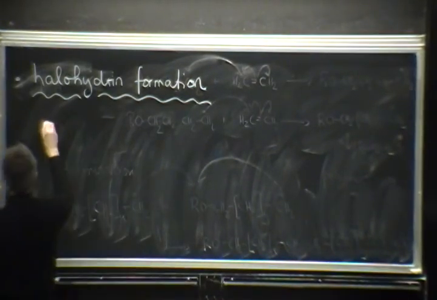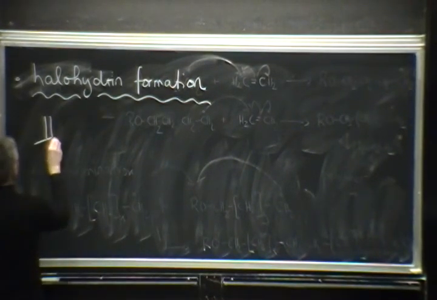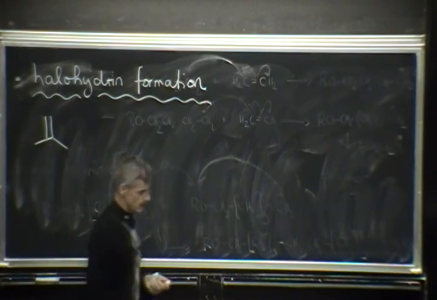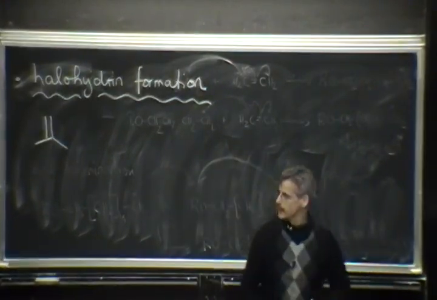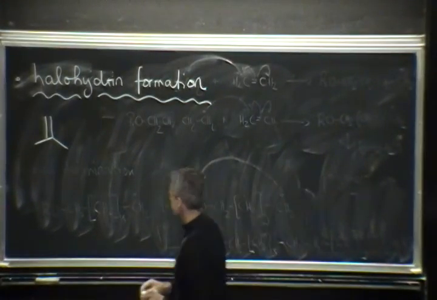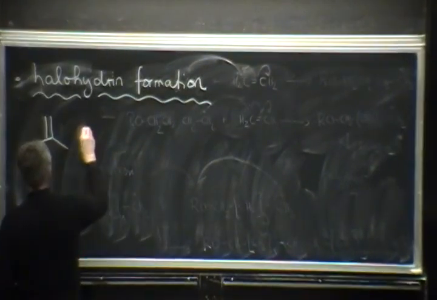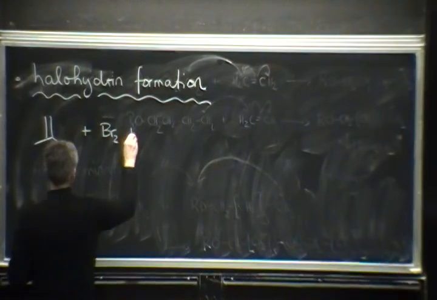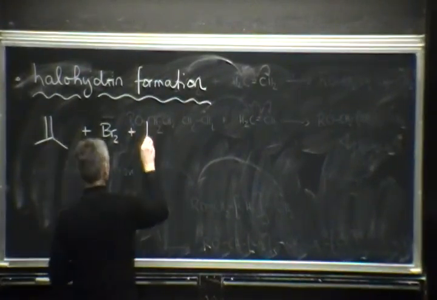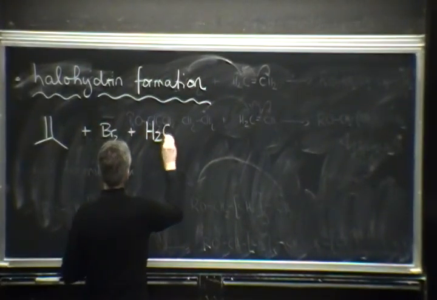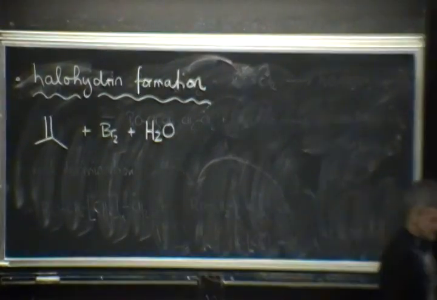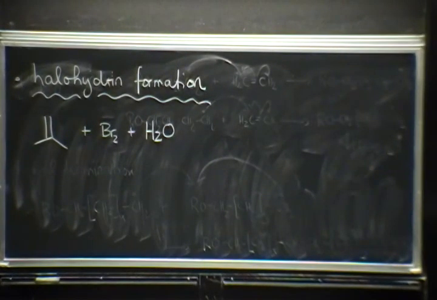Since we're in the alkene chapter, not surprisingly, I start again with an alkene, in this case the 2-methylpropene, or isobutylene, starting material. And I treat this now with a mixture of bromine, but the important difference here is that now I use H2O. I use water as an additional component. So this is a mixture of water and bromine.